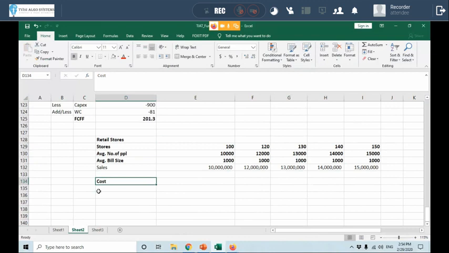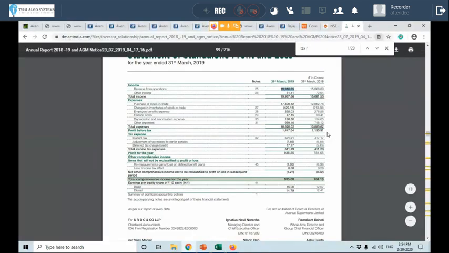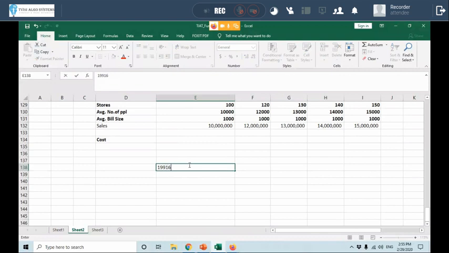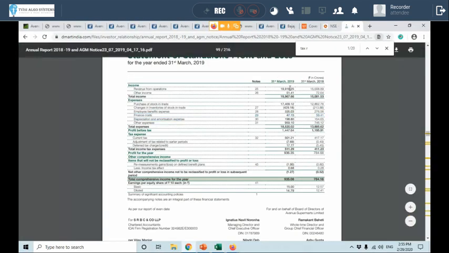I will do this for cost, to arrive at what my EBITDA is exactly. Suppose cost right now is, I'm just assuming things. I'm directly taking the total expense, just to make it very simple. 19,916 is my sales.